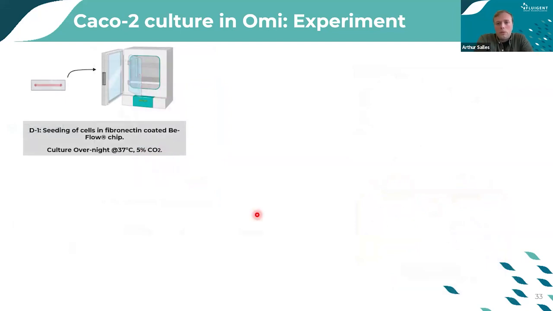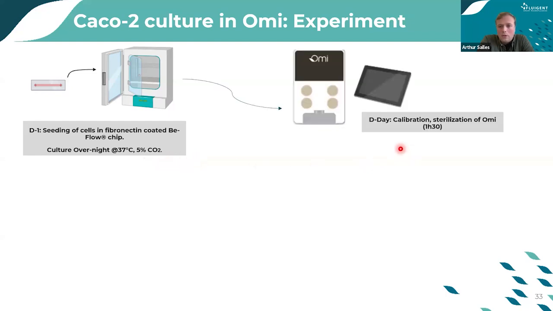So what's the procedure when we are using OMI in this Caco-2 culture? One day before the recirculation, we do a seeding of the cells in a fibronectin-coated B-Flow chip, and we culture it overnight at 37 degrees, 5% CO2. The day after is the day of starting the recirculation. So we do a calibration and the sterilization of OMI.